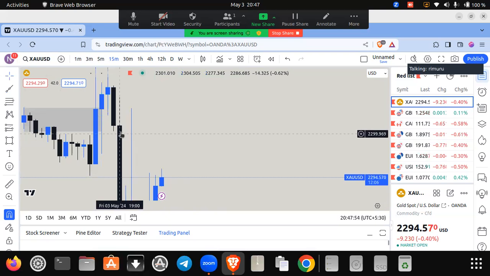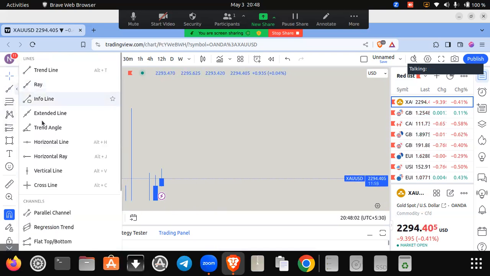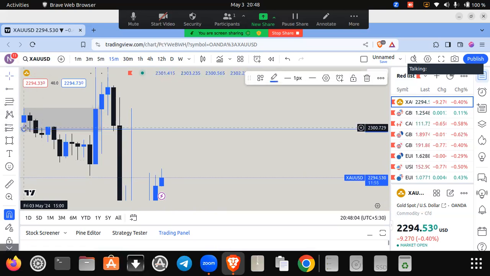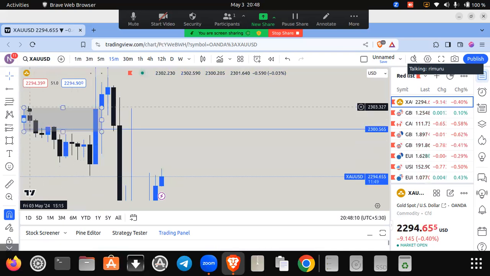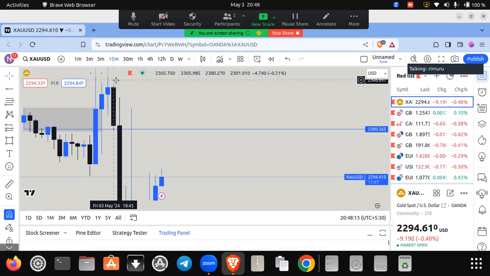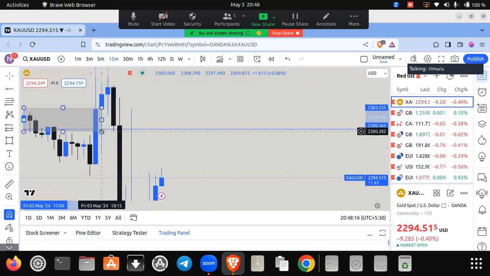by this particular black candle, the big candle. This black candle closed below this point. So now we know that this is an engulfing sell fail, which failed again. Therefore, this is a hidden engulfing sell.